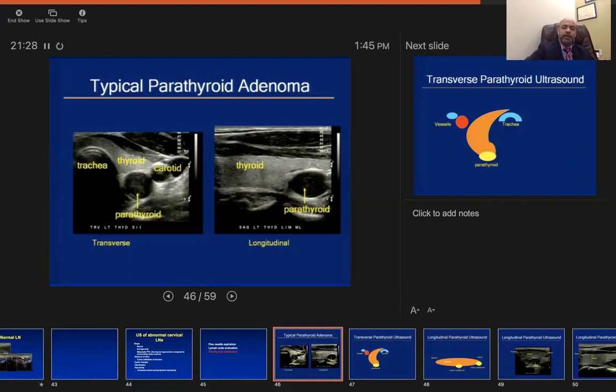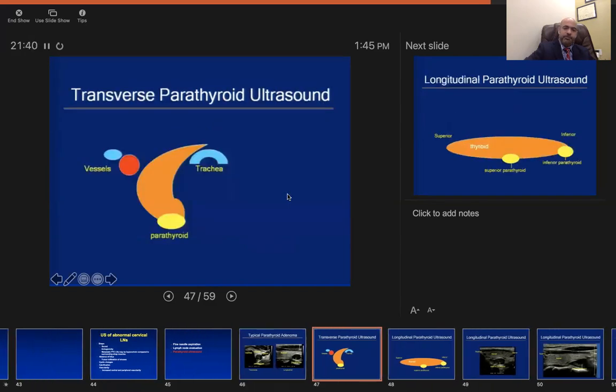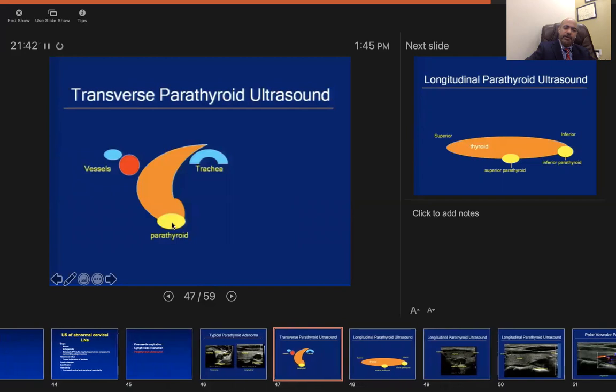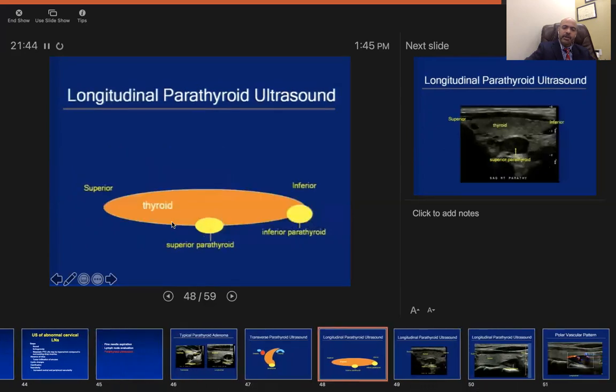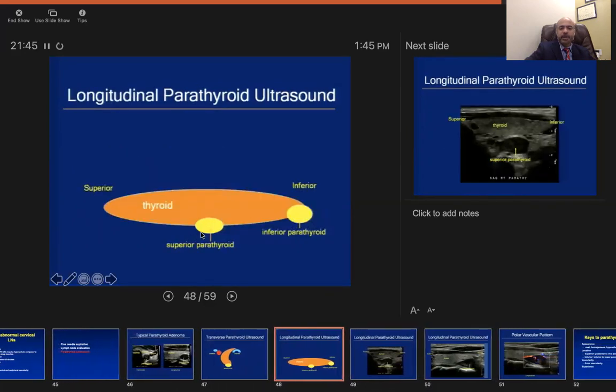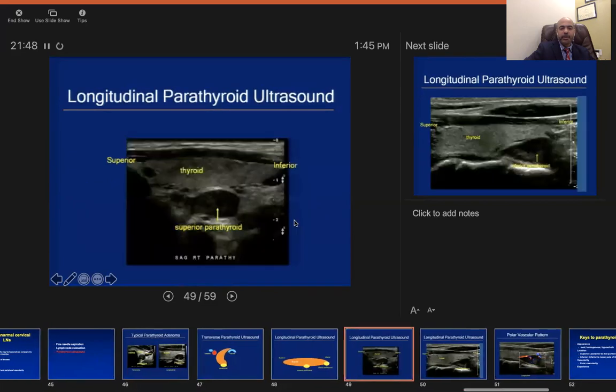Parathyroids are hypoechoic, and this is in the transverse view, located posteriorly. They can be superior or inferior along the border of the thyroid gland. And this is again in the transverse view located posteriorly, and then this is the sagittal view. They can be superior or inferior.